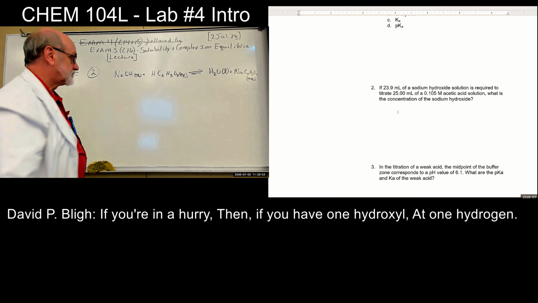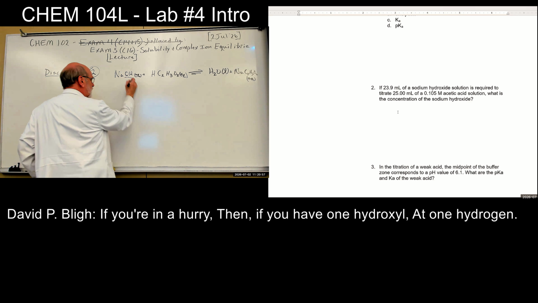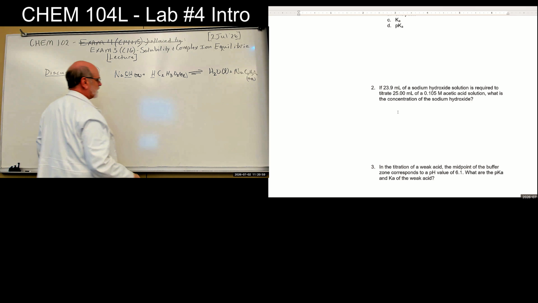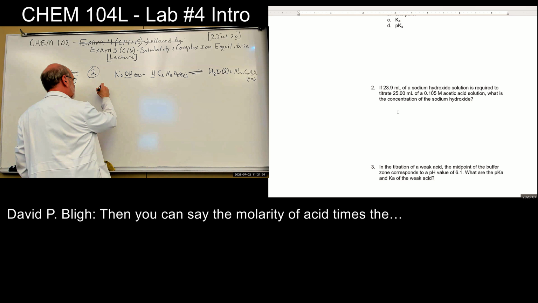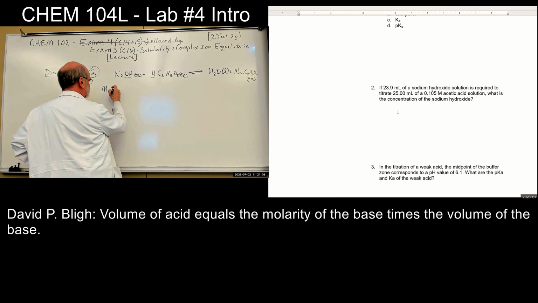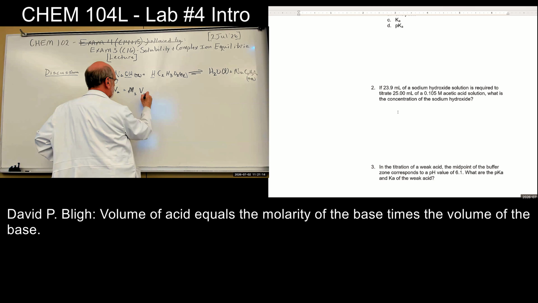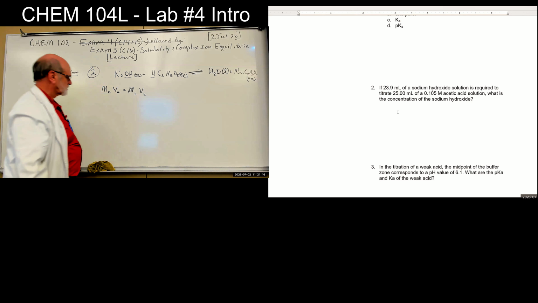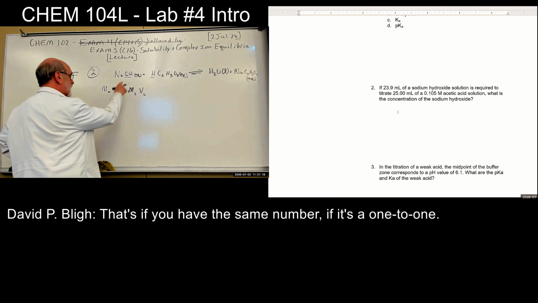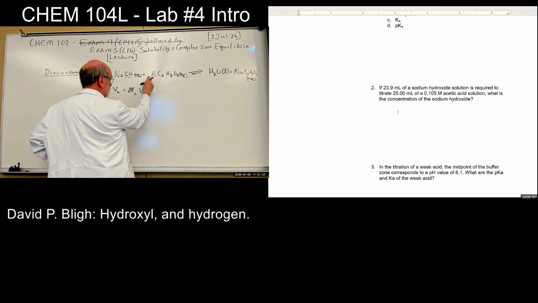If you're in a hurry, and you have one hydroxyl and one hydrogen, then you can say the molarity of the acid times the volume of the acid equals the molarity of the base times the volume of the base. That's if it's 1-to-1, hydroxyl and hydrogen.